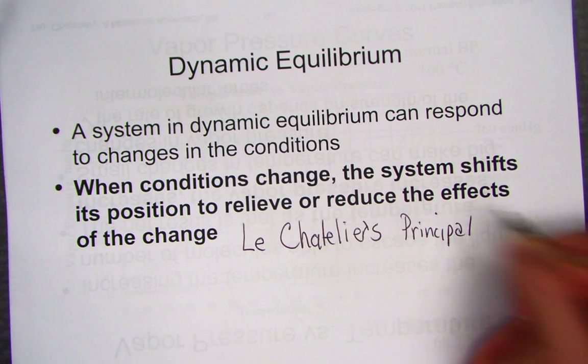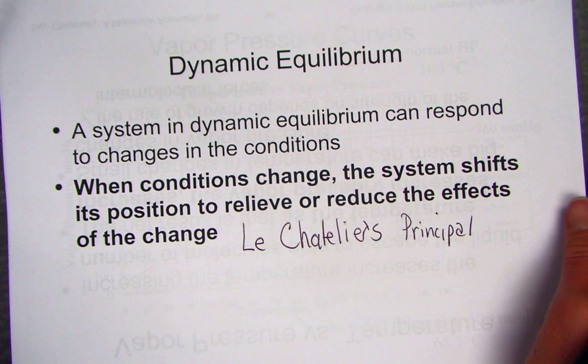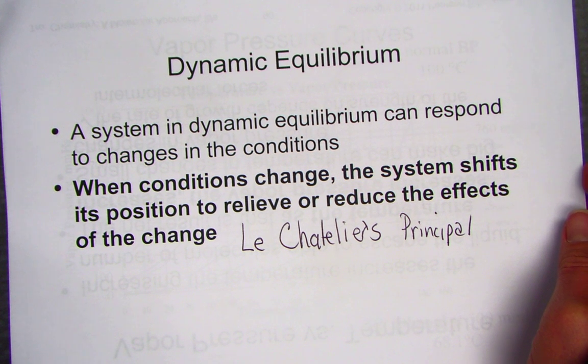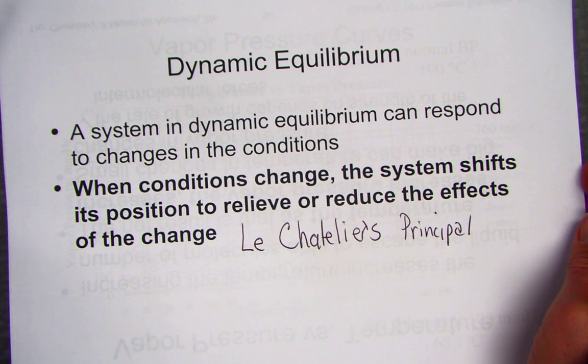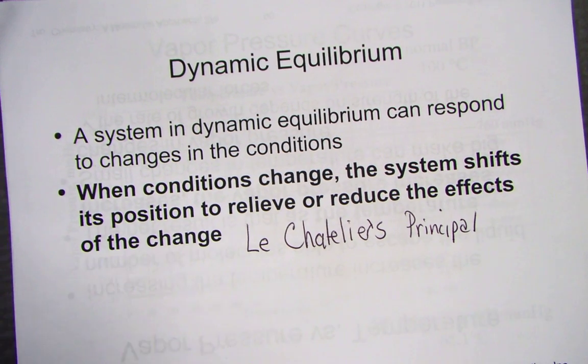A system at equilibrium will shift if I disrupt that equilibrium to get back to the state that it was once at. When conditions change, the systems will shift to relieve or reduce the stress to that change. More coming with Le Chatelier's principle next chapter.